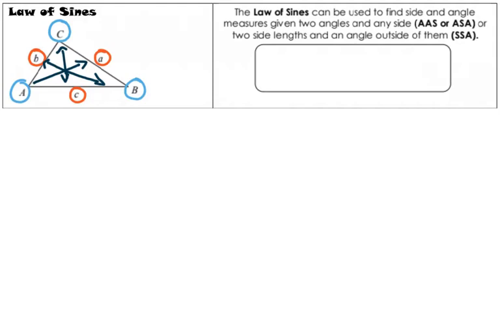But here is the law of sines. If I take the sine of an angle and the side across from it, it's equal to the sine of another angle and the side across from it. You can also use the third side, the sine of an angle, and the side across from it.